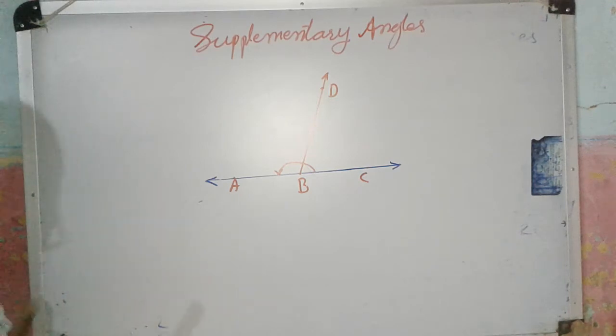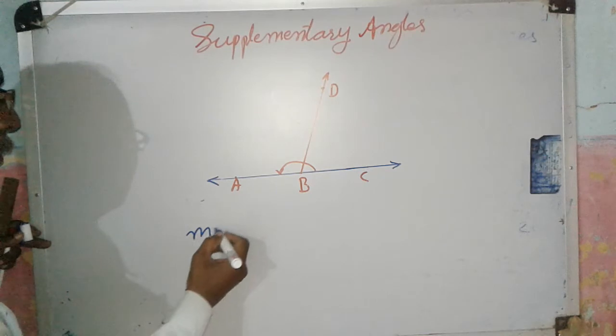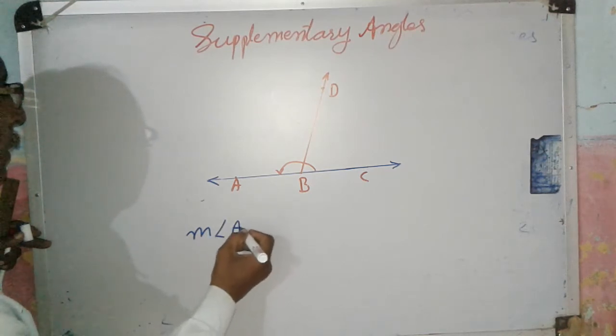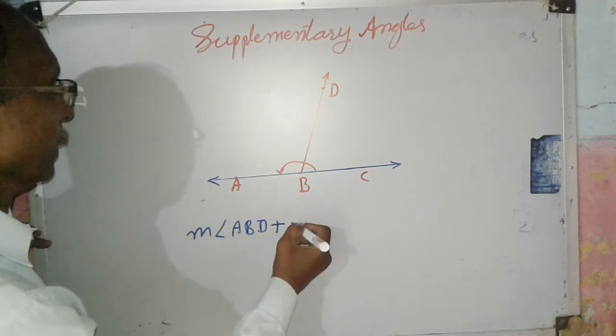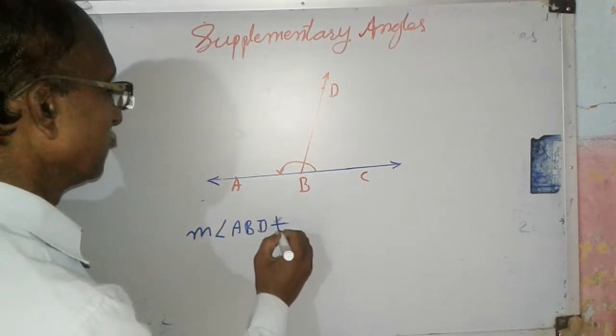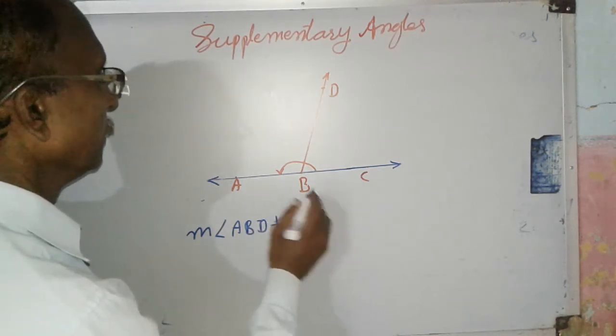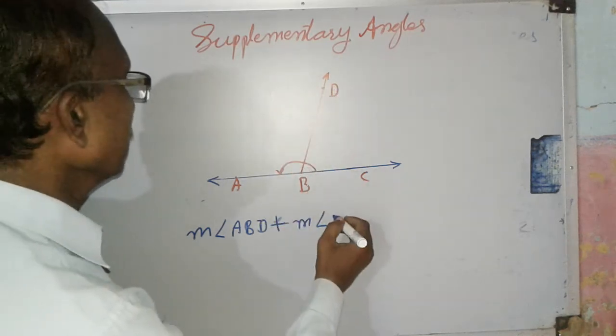That means here, the measure of angle ABD plus DBC.